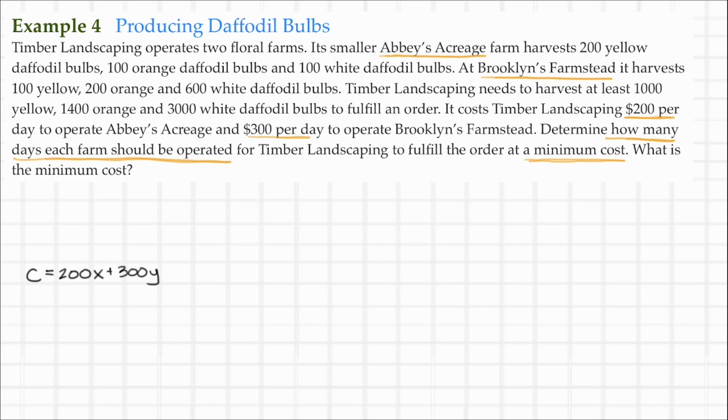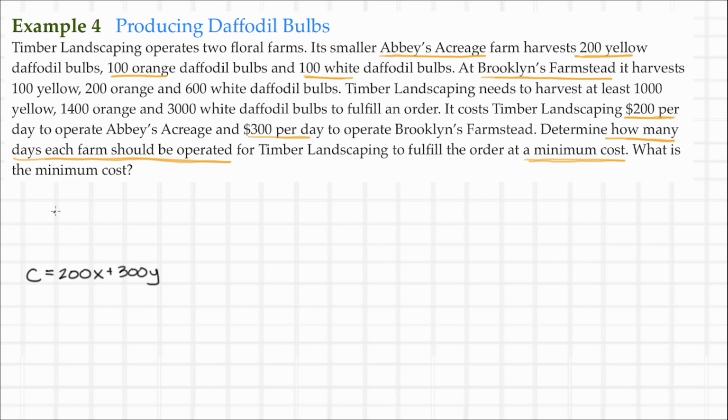Now, without the aid of a table, we'll put in the constraints. As you can read carefully, Abby's Acreage, the x's, needs 200 yellow, 100 orange, and 100 white daffodil bulbs.